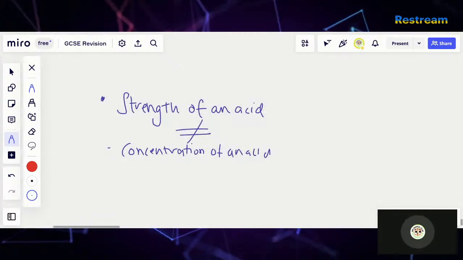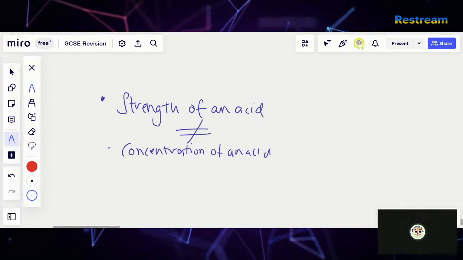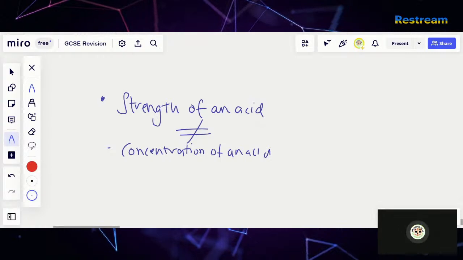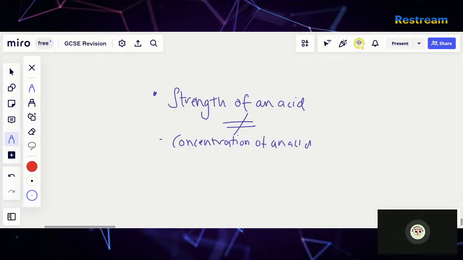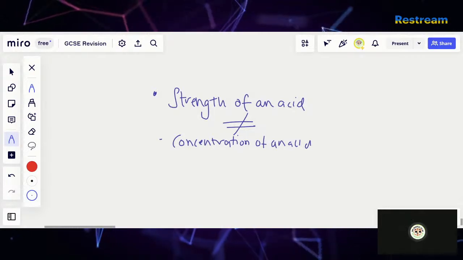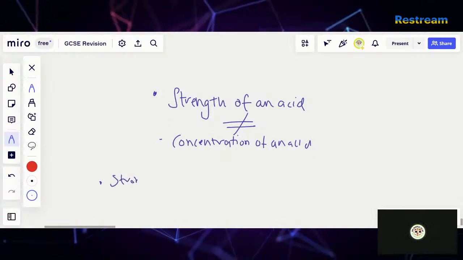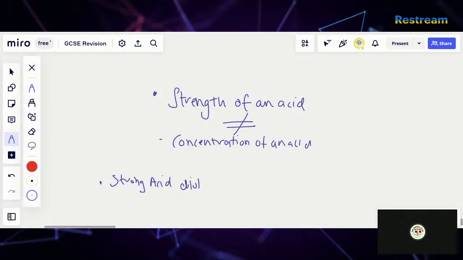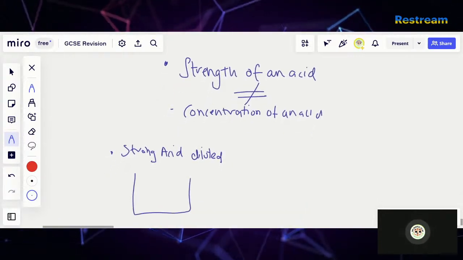Now, what we mean by the strength of an acid is whether it fully ionizes, so whether it fully releases the ions needed. And the concentration is how much acid there is in a particular volume. So it is possible to have a very strong acid that is diluted because the strong acid fully ionizes but is put in a lot of water.